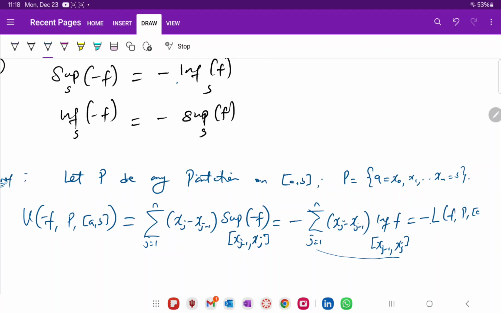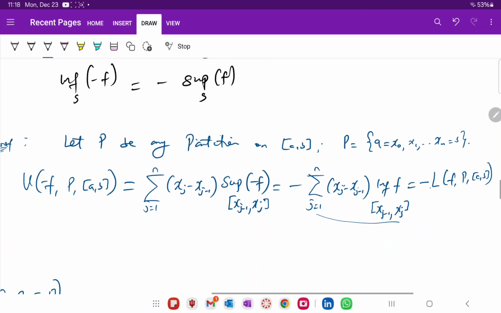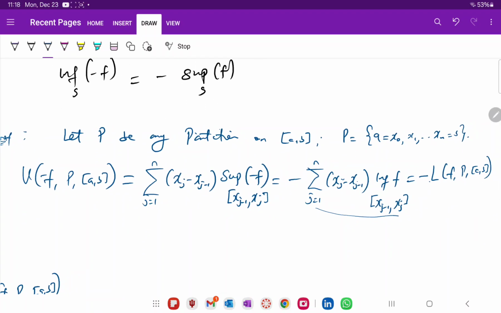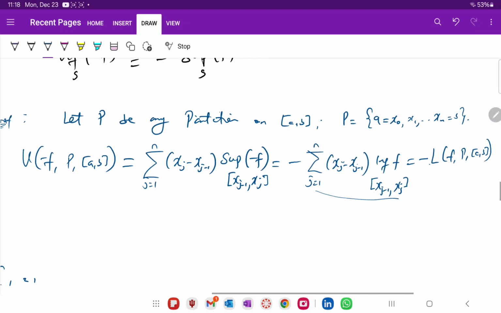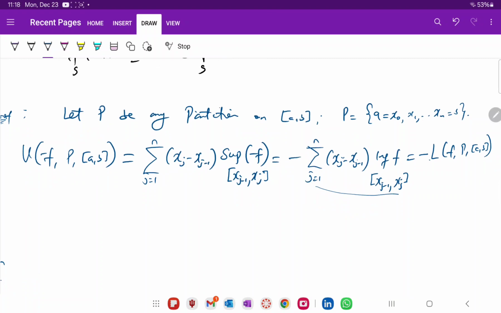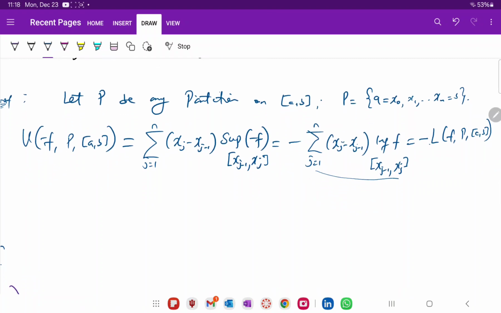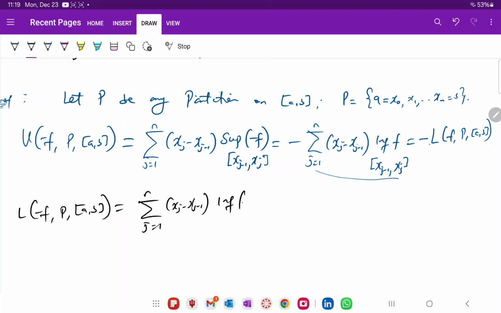Alright, so likewise, for the lower Riemann sum, we have the summation from j equals 1 to n of (xj minus xj minus 1) times the infimum of minus f over [xj minus 1, xj].